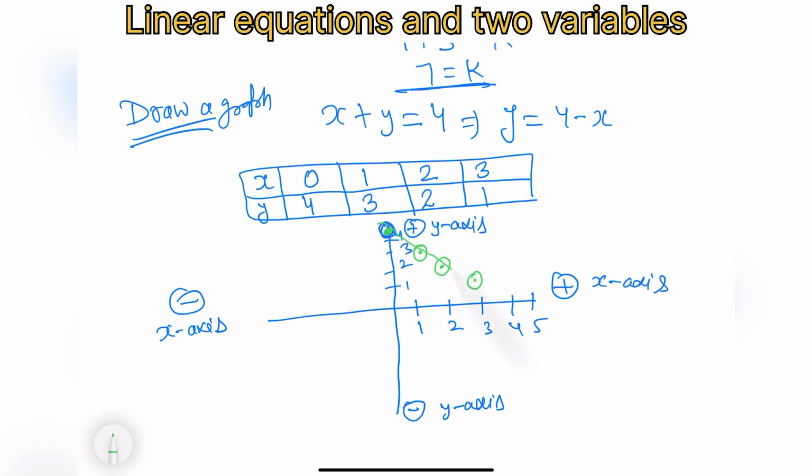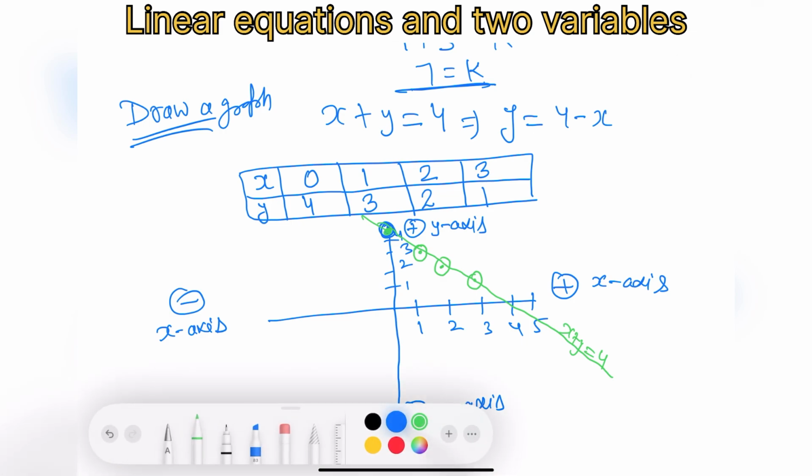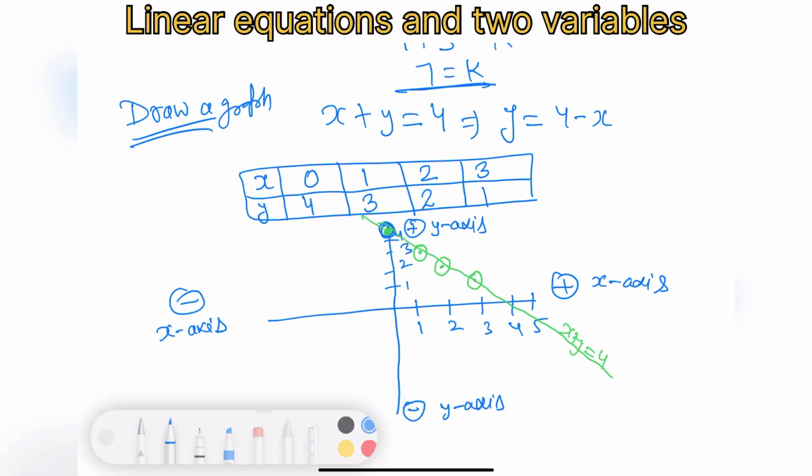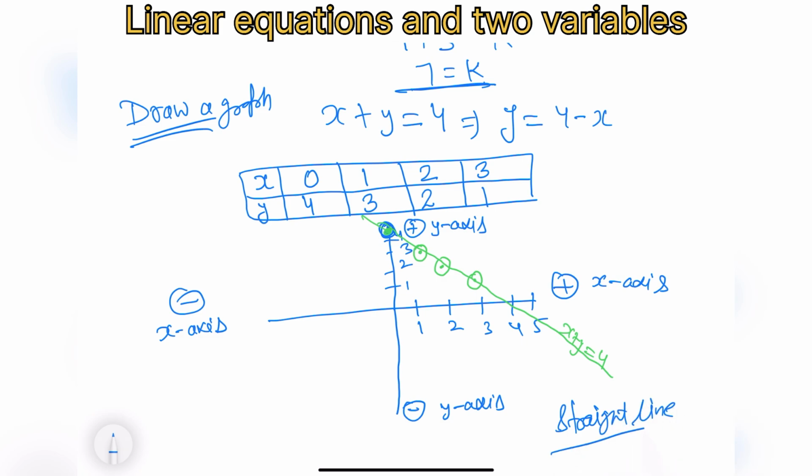Now join all these points by using a pencil and scale and extend it, and write the given equation on this, that means x plus y is equal to 4. So this is the graph of the given equation. Always remember that the graph of a linear equation in two variables always gives you a straight line.